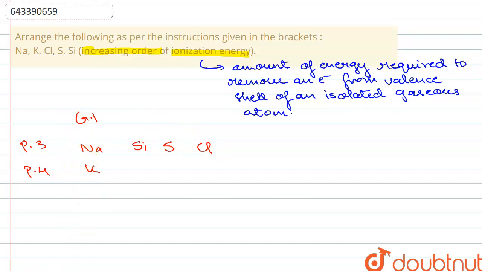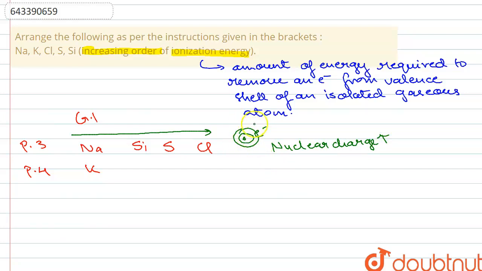See the trend of ionization enthalpy across the period and down the group. So across the period, if you move from left to right, what happens is the number of electrons in the outermost shell keeps on increasing, but the number of shells remains the same. Because of the increased number of electrons in the outermost shell, there is an increase in the nuclear charge. So because of the increased nuclear charge, the nuclear attraction towards the outermost shell increases, and so it pulls the outermost shell towards itself.